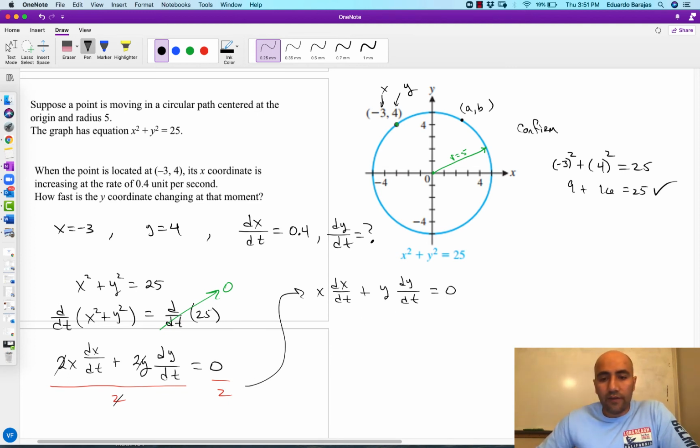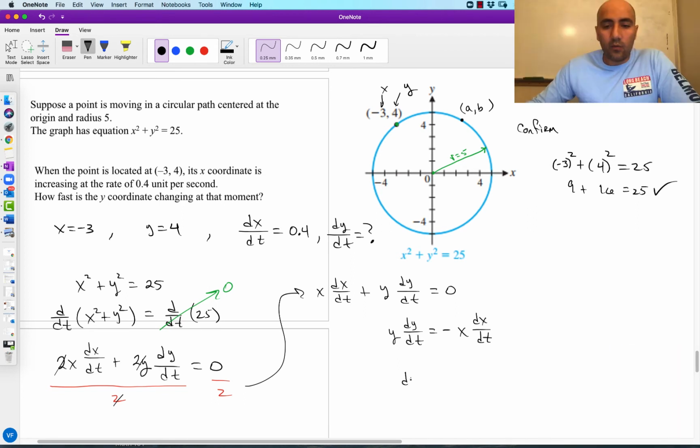We're interested in this variable, so let's solve for it. Moving this term to the other side, we get y dy/dt is equal to minus x dx/dt. Now if we divide everything by y, we'll get what we want. dy/dt is equal to negative x dx/dt divided by y. Good. Okay, so we have everything we need.